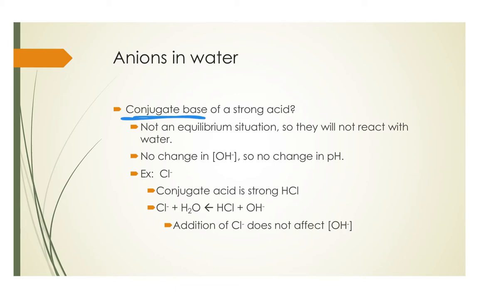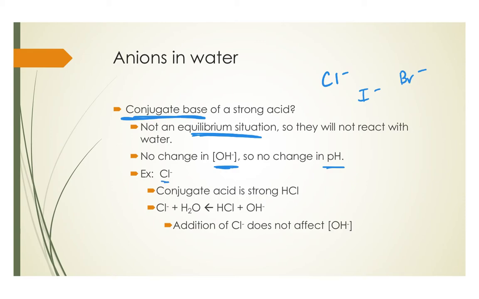For example, something like Cl minus, I minus, or Br minus. If its conjugate is a strong acid, then we wouldn't have an equilibrium situation. So they're not going to react with water. There'll be no change in OH concentration, so no change in pH.